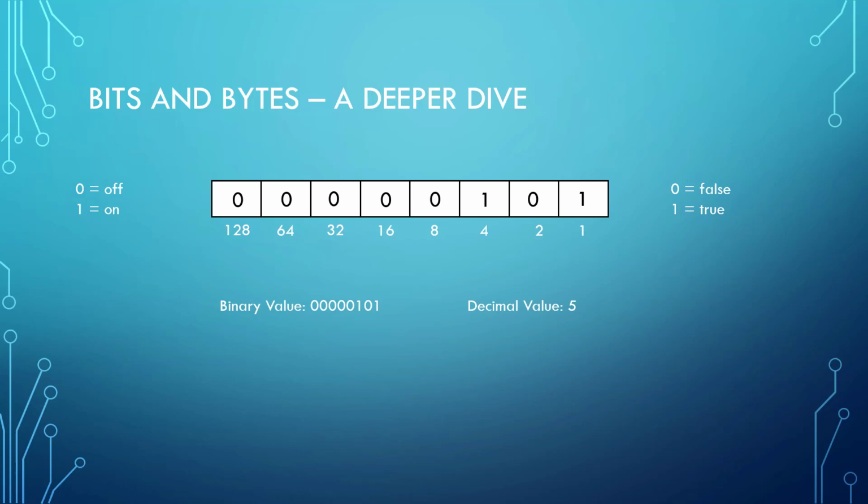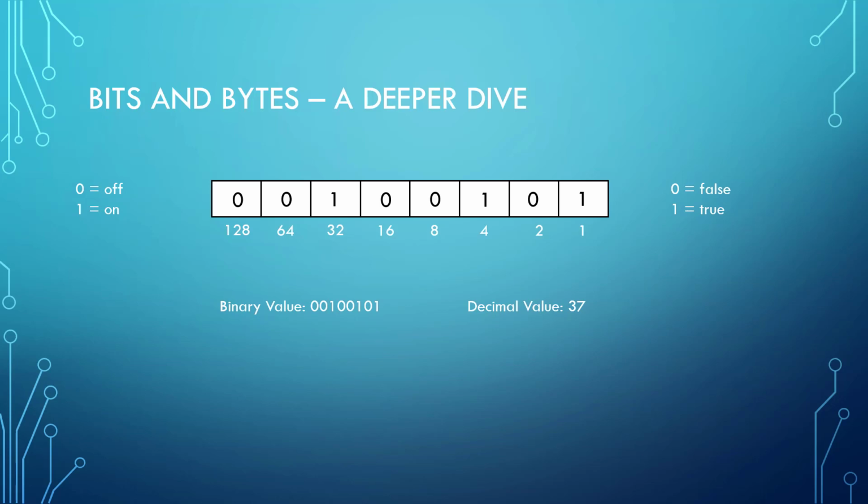Starting to make more sense? Here, let's try again. Let's turn on, or set to true, the bit with the decimal value of 32. So now our binary value is 0010 0101.